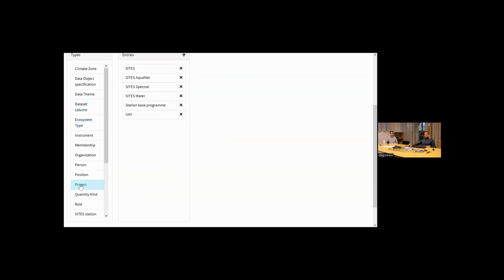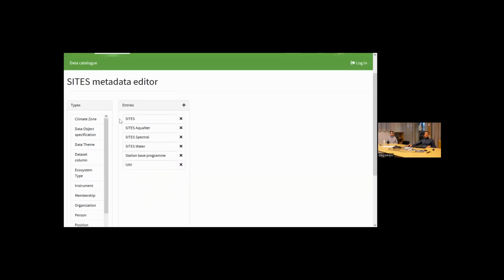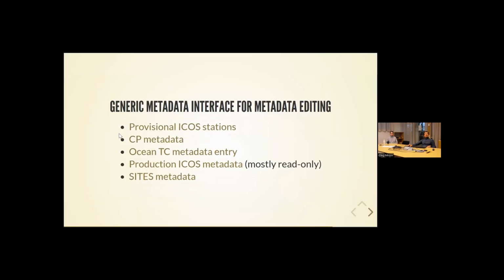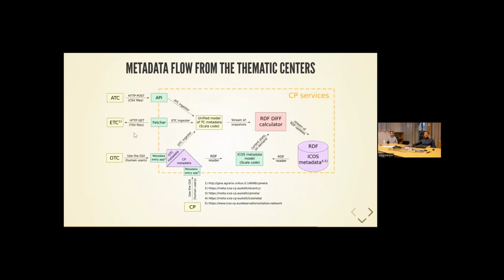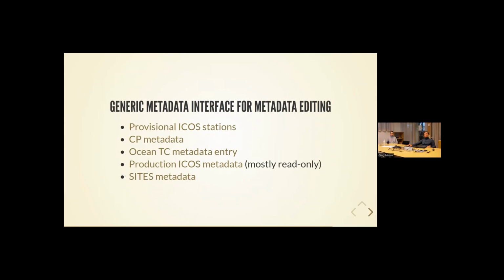So the instruments, the ecosystem types, and all these data set columns and so on, these projects, you name it, all of these production things, they are edited directly in place through this interface. And then there is no need for this complicated interfacing between the thematic centers, all this logic for reconciling, and so on. So that's basically an alternative approach.